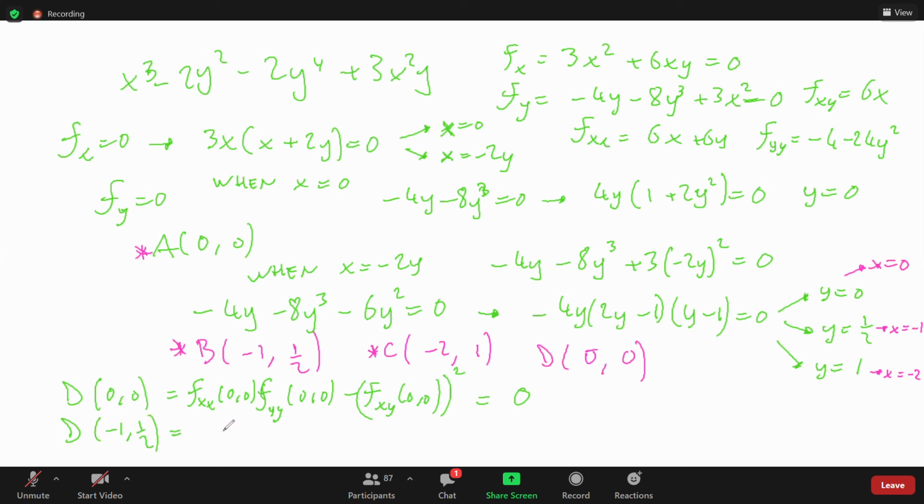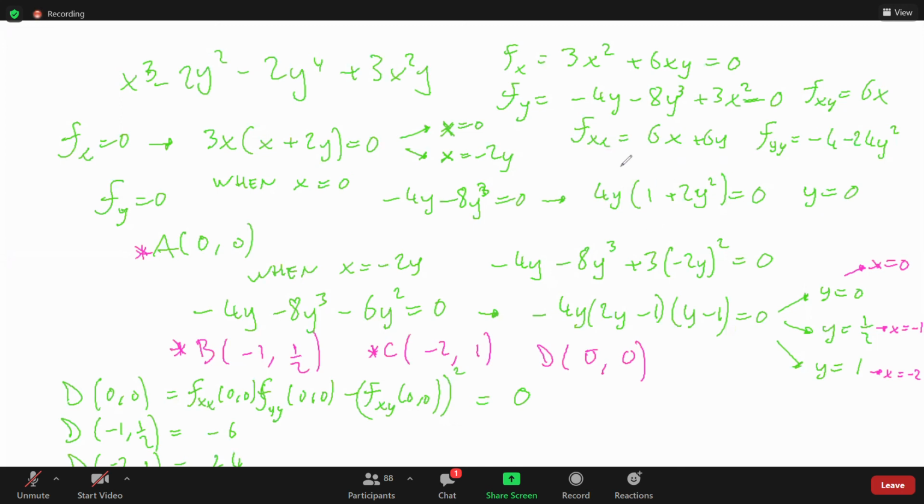At point negative 1, 1/2, this gives us negative 6, and at point negative 2, 1, this gives us 24. Since this is positive, we need to find the value of the second order derivative at that point.